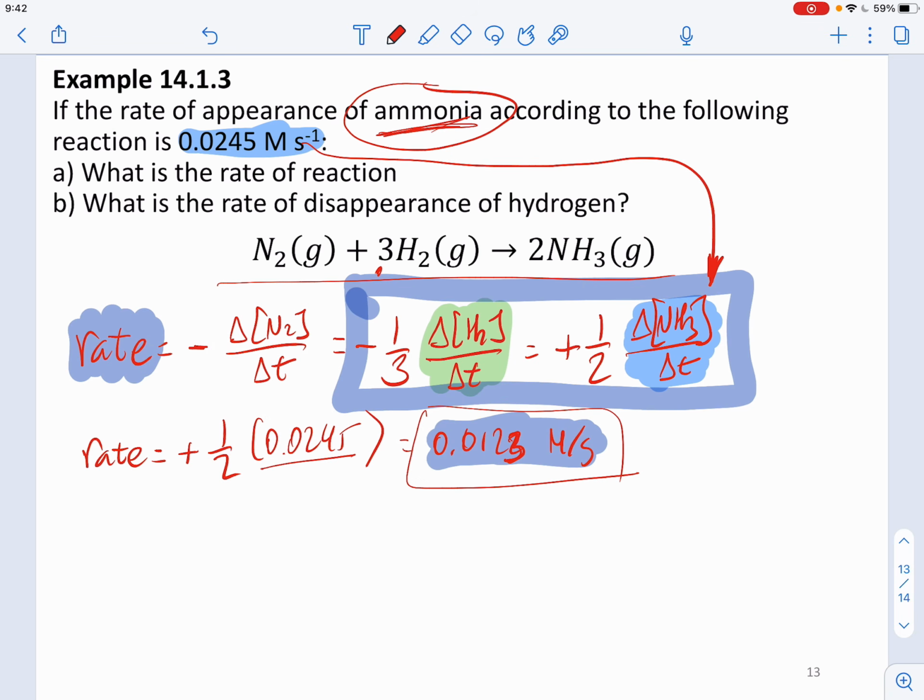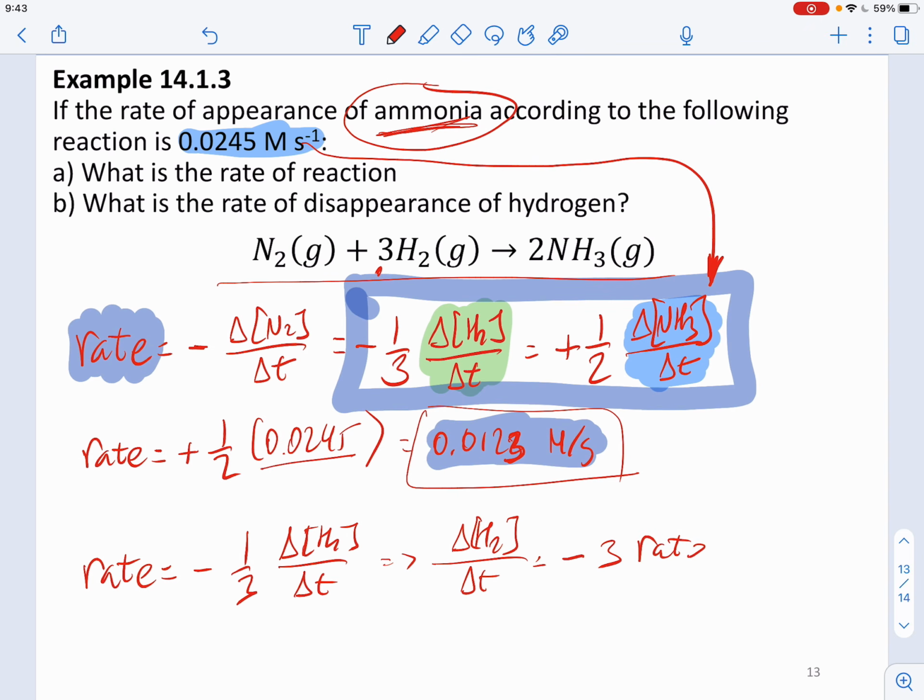So that means rate is equal to minus 1/3 the rate of hydrogen over time, which means that the rate of hydrogen is equal to minus 3 times the rate.